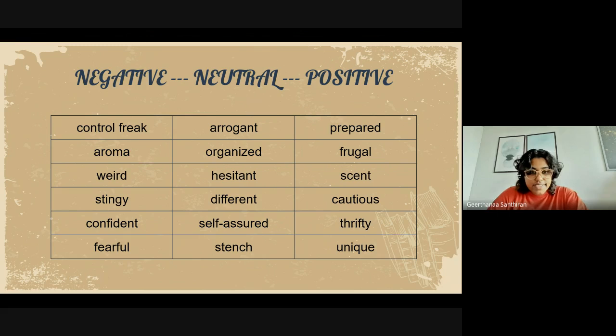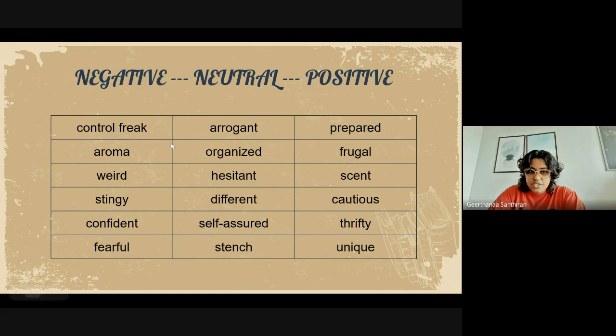For example, let's take smell, right? There are three words here that talk about smells. Scent. Scent is neutral. But if it's a good scent, we usually use this word: aroma. The aroma of the chicken curry, right?